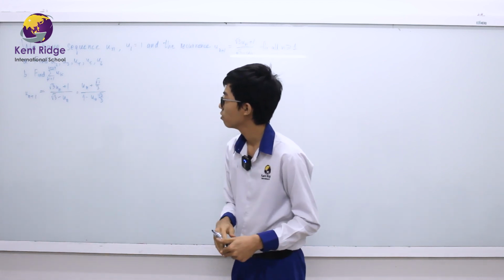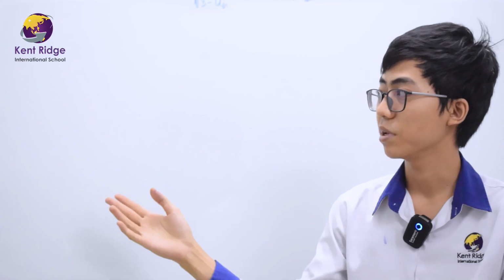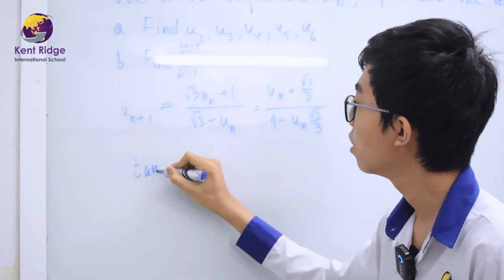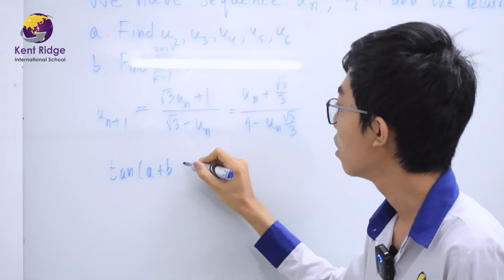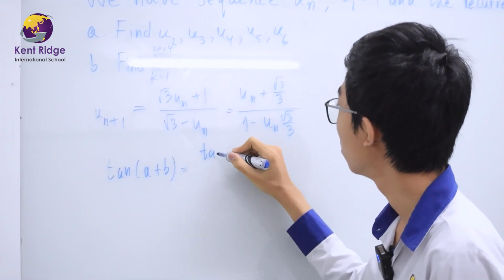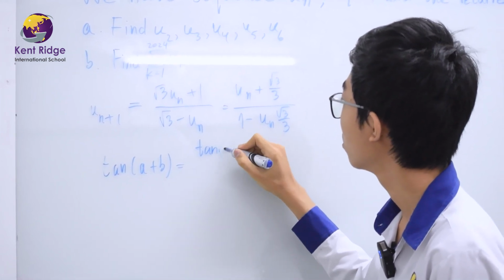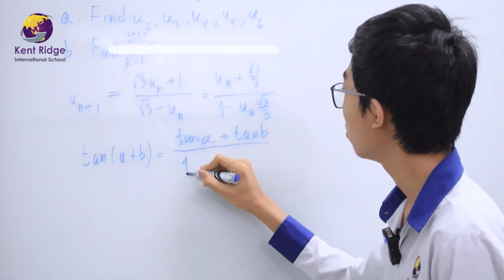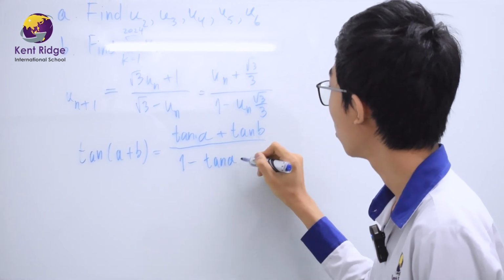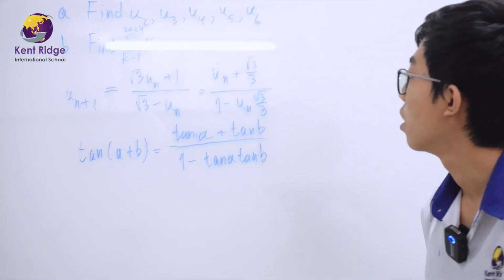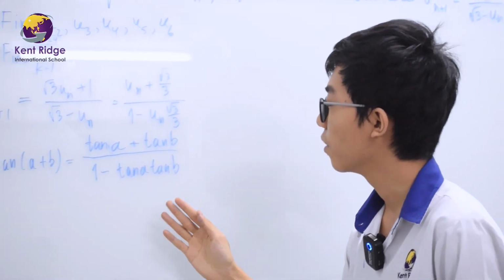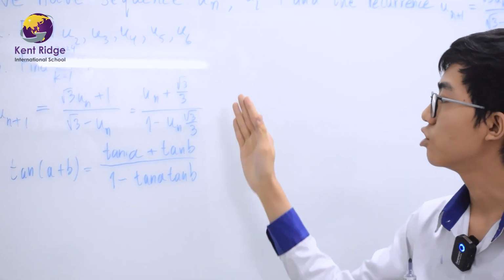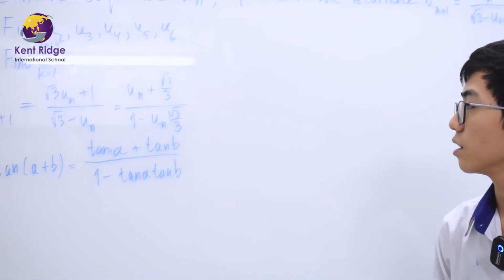Looking at this might be a little familiar because it resembles the trigonometric formula that I will be writing here. Yeah, so this and this have the exact same structure. What we want to do is revert this into a smaller form so it's easier to understand.